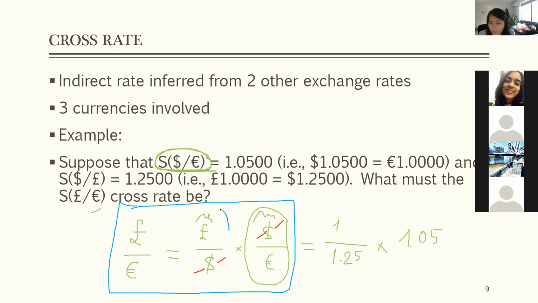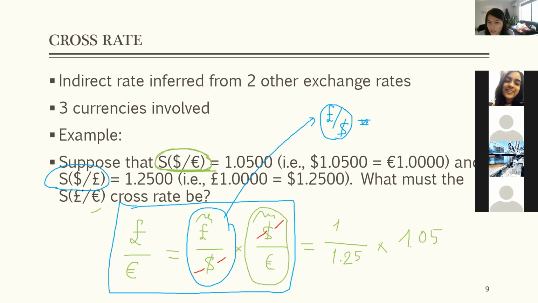So next we need to replace the numbers into the formula. The first number I need is the pound over dollar exchange rate. Are we okay with that? Yep. Now the question does not give me this exchange rate. The question gives me the dollar over pound exchange rate.